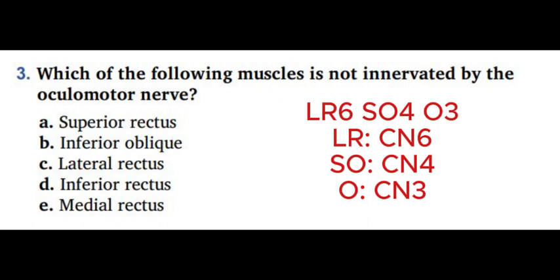The superior oblique is innervated by the fourth nerve, which is the trochlear nerve, and the others are innervated by the third nerve, the oculomotor nerve. So if we say LR6, SO4, we're not supposed to have the lateral rectus here, neither the superior oblique, and the lateral rectus is in here, so that's the answer, option C.